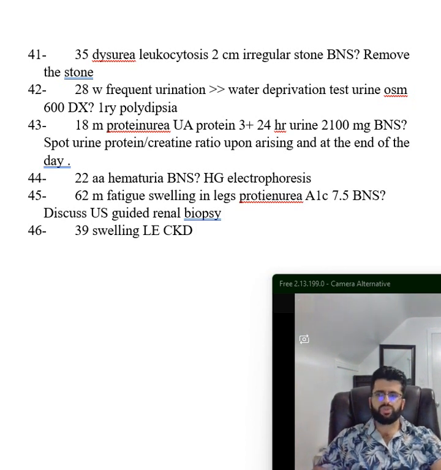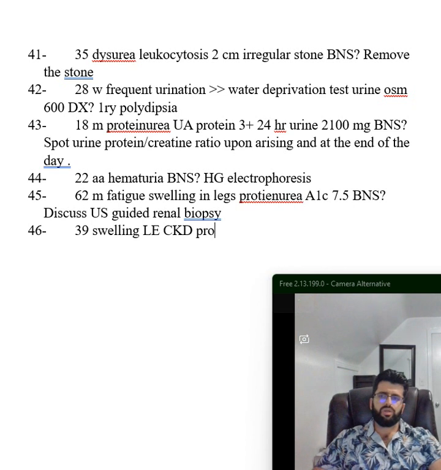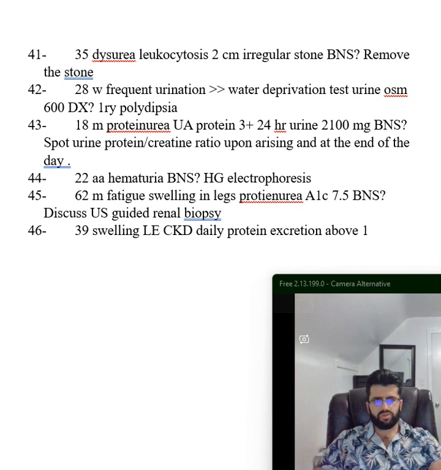And then you have daily protein excretion above 1,000 milligrams, and this is the best next step: you do an ACE inhibitor. It's helpful the most when there is protein excretion of more than 1,000. That's when it's helpful the most.